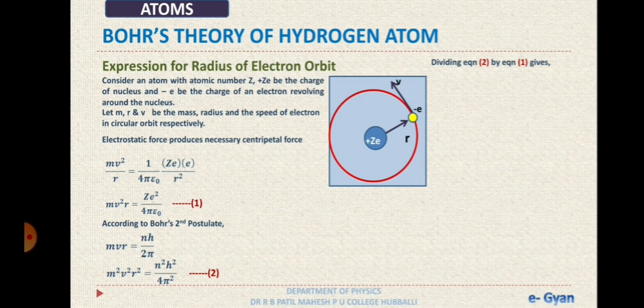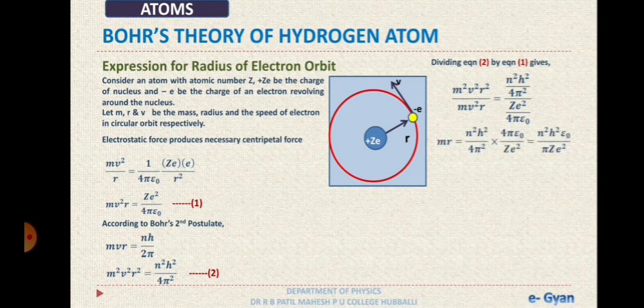Now, if we divide equation 2 by equation 1, we get m square v square r square divided by mv square r, which is equal to n square h square upon 4 pi square divided by Ze square upon 4 pi epsilon naught. So, we are left with m into r is equal to n square h square epsilon naught divided by pi Z e square.